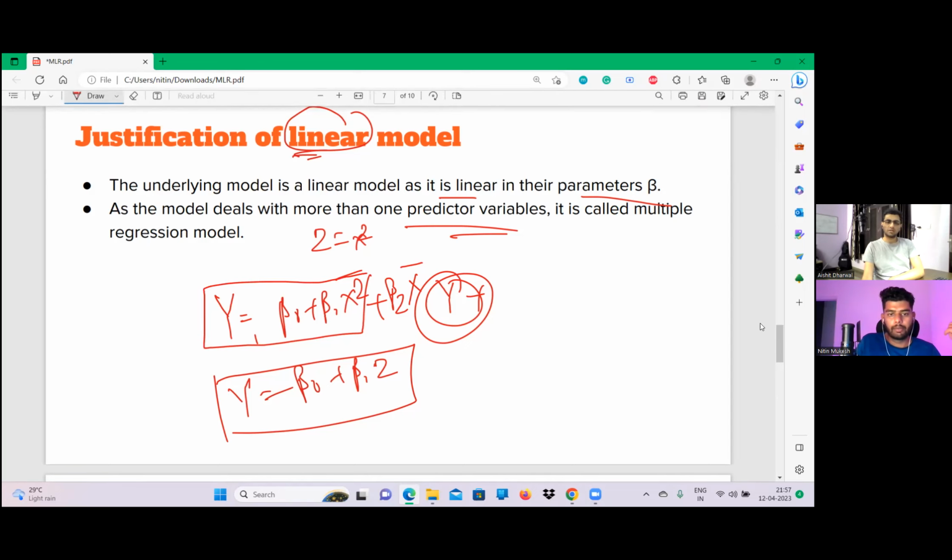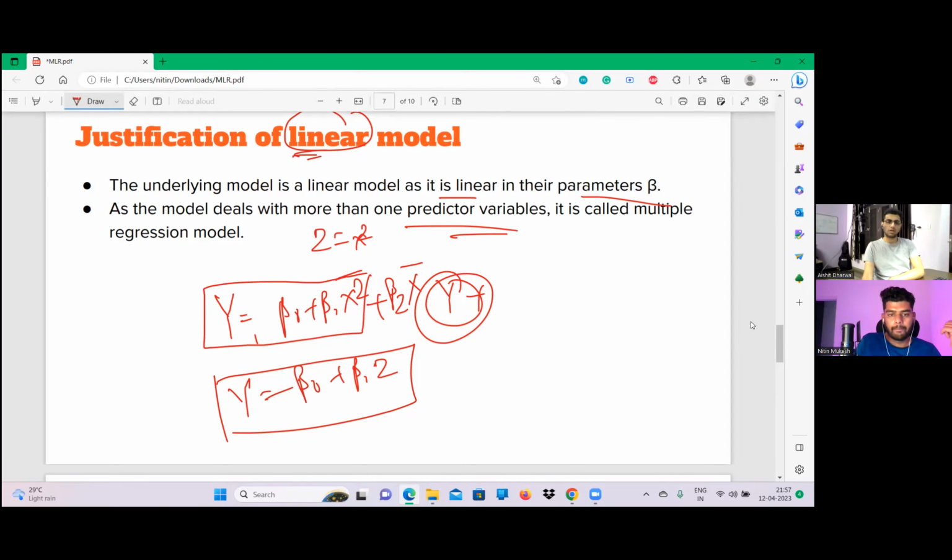So basically, linear regression is all about calculating the betas, or all the coefficients. The linearity we always talk about is in terms of beta. We don't talk about it in terms of x. Like if I write y is equal to beta naught plus beta 1 x1 plus beta 2 x square plus beta 3 log x2, these are all having a linear relationship with y.